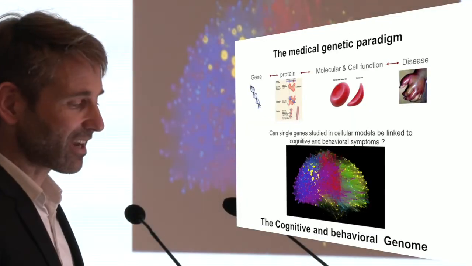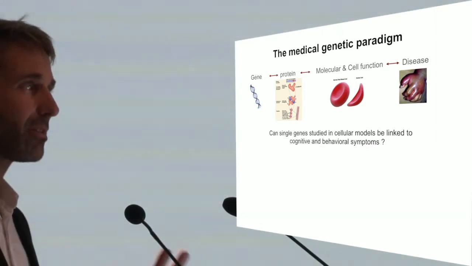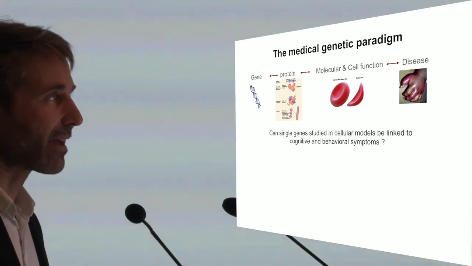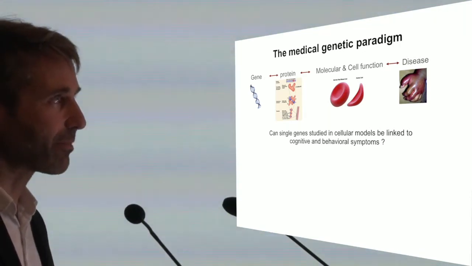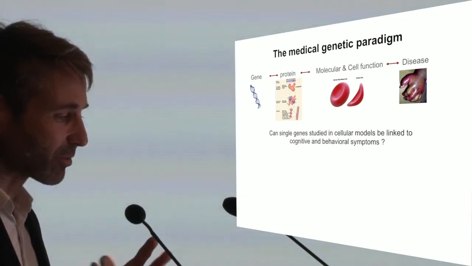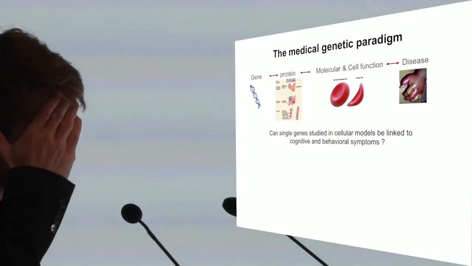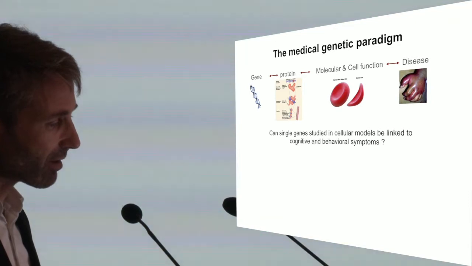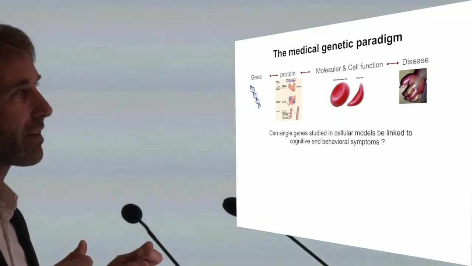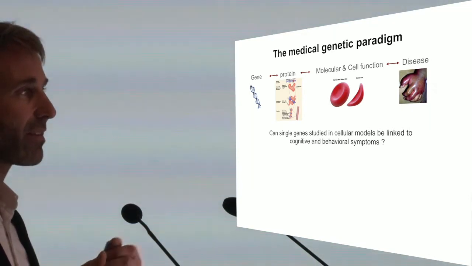Just a little bit of a general concept of what this work has stirred up, at least in my lab. What we're obsessed with right now is this issue of, how do we really conceptualize the genome and psychiatric conditions?